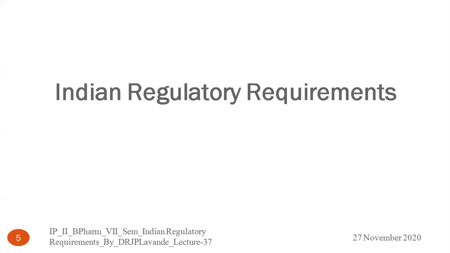So the Indian regulatory system is the system responsible for giving approvals to the drugs, to the clinical trials, to the manufacturing process, and to the sale and distribution of the drugs.